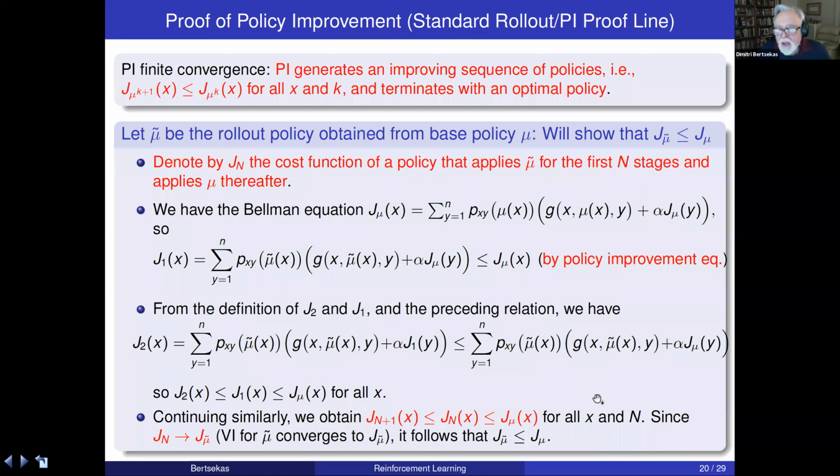It uses a value iteration algorithm to generate a monotonically decreasing sequence of functions that converges to J mu tilde. Questions here?